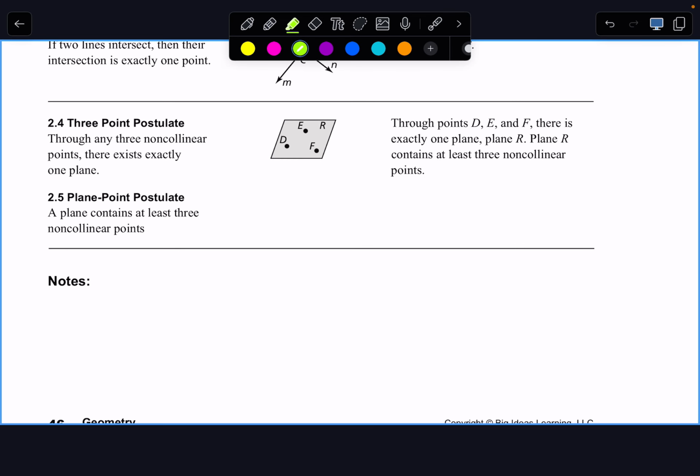A plane, same thing. 2 points make 1 line. 3 points make 1 plane, a unique plane. Now notice, and we've worked on this, we have to have non-collinear points to form a unique plane. Also, going backwards, 1 plane has at least 3 points. There's going to be a lot of points.